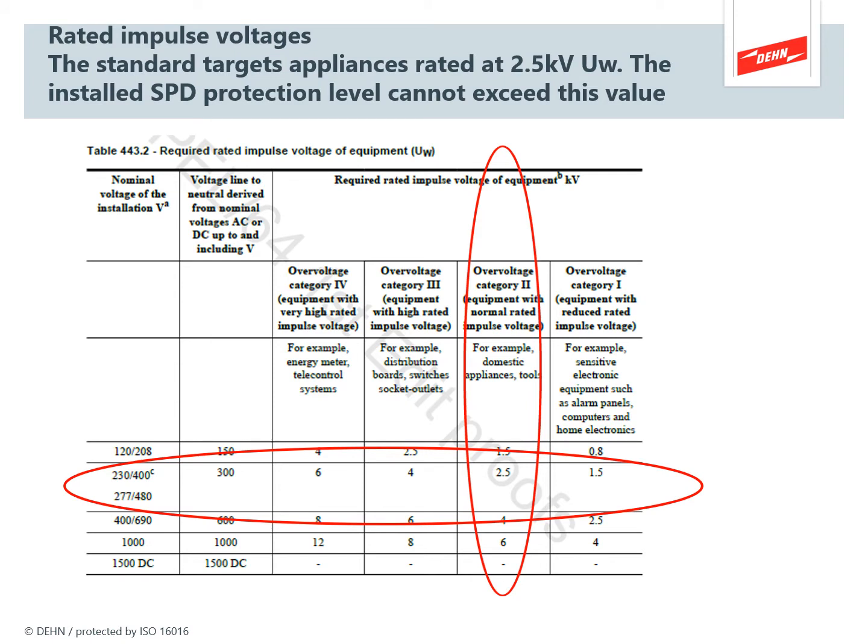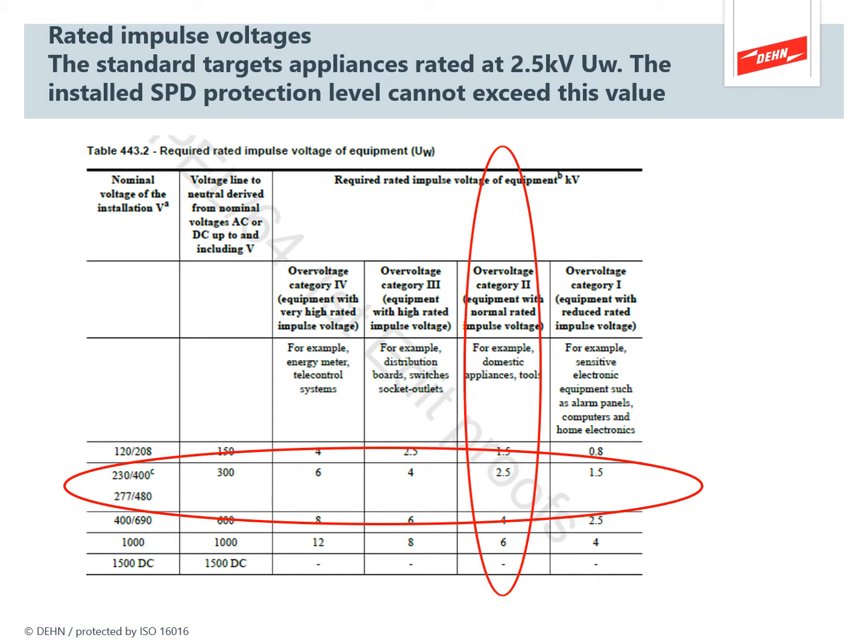In section 443, there is this table, the rated impulse voltage, and this is the protection level that we need to meet with our SPD. So what we can see across the top are the categories of equipment, starting at the origin with the electric meter at category 4, and that's rated at 6 kV.